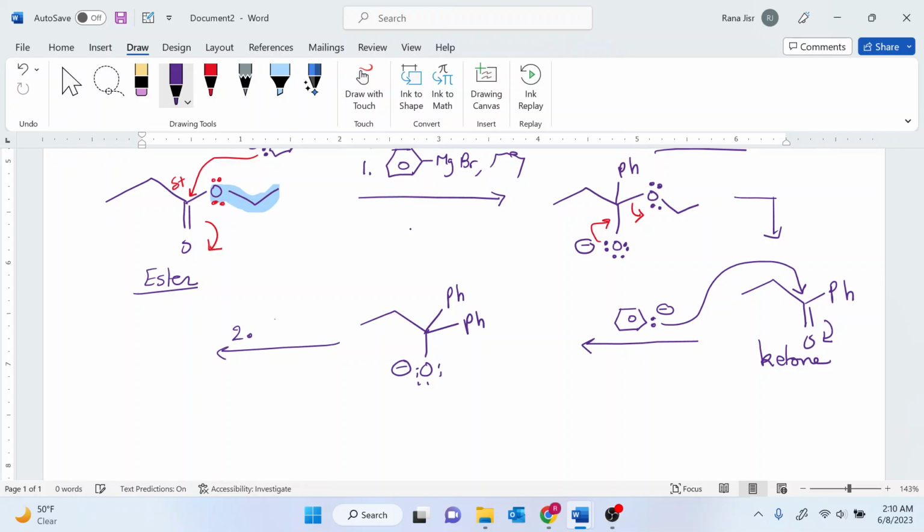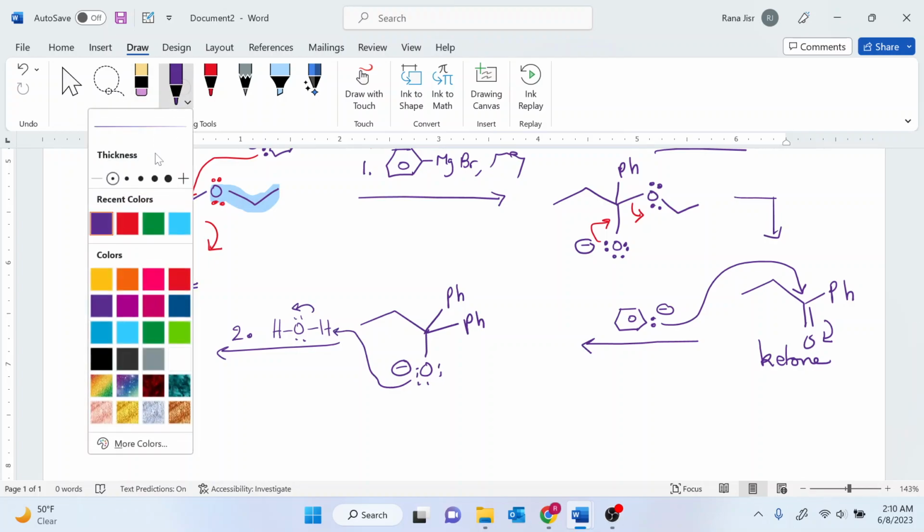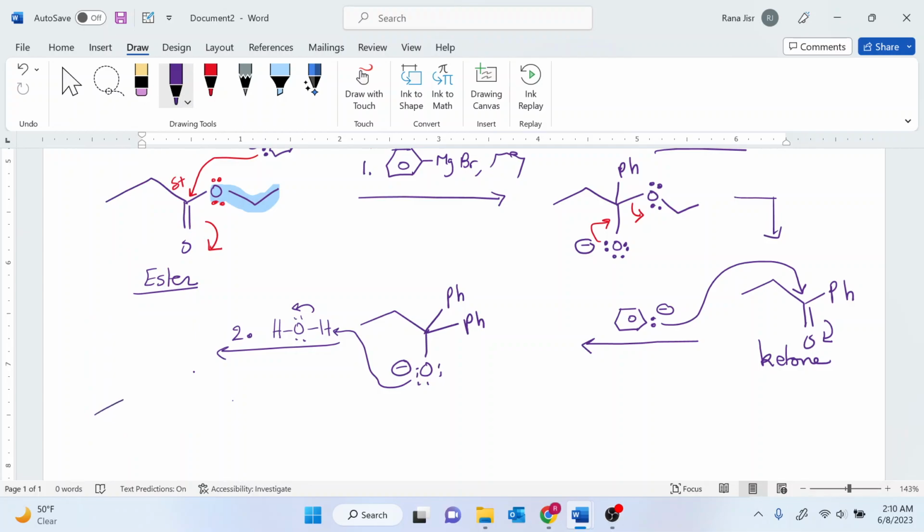My second step is going to be the protonation with water or H3O plus, and my arrows are in the opposite direction. The base is going to come take the hydrogen from the OH in this case, and I'm going to end up getting my product, which is going to be the tertiary alcohol.